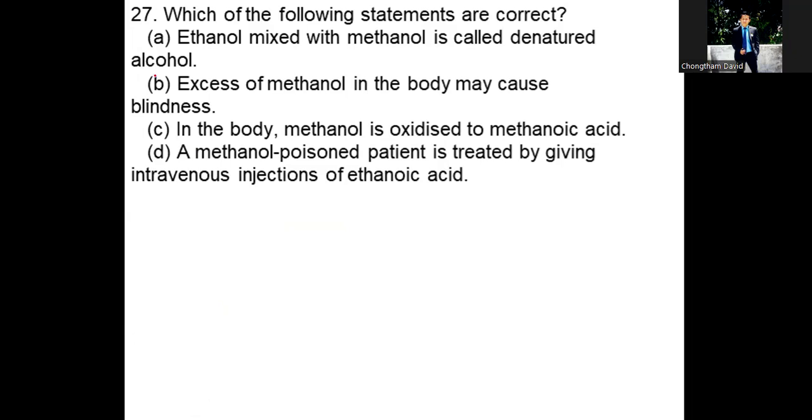So the correct answer will be excess methanol in the body may cause blindness. Okay. So which is the correct answer? Ethanol mixed with methanol is called denatured alcohol. Yes. When this methanol is denatured, the patient may be saved.